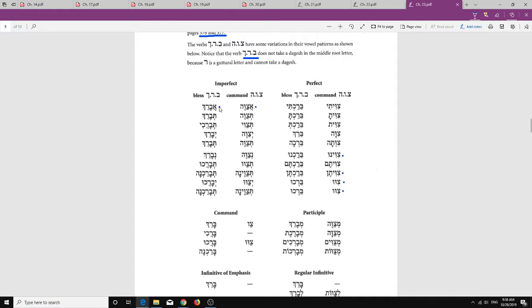Going over to barak in the imperfect, we have abarek, tabarek, tabarki, yabarek, tabarek, nabarek, tabarku, tabarekna, yabarku, tabarekna.